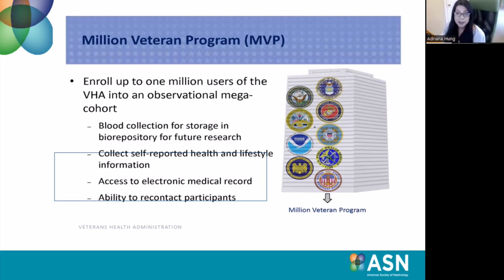But one thing also that they did is that they went beyond the electronic health record and they completed health and lifestyle surveys at enrollment. This is offering an incredible amount of data: sleep patterns, social determinants of health, physical activity.